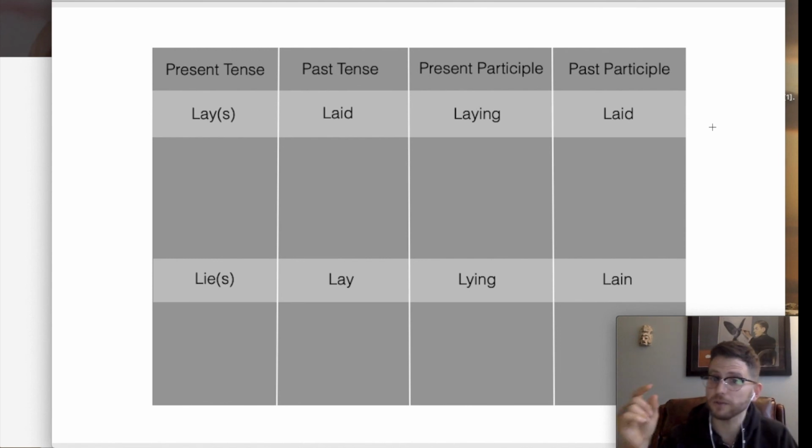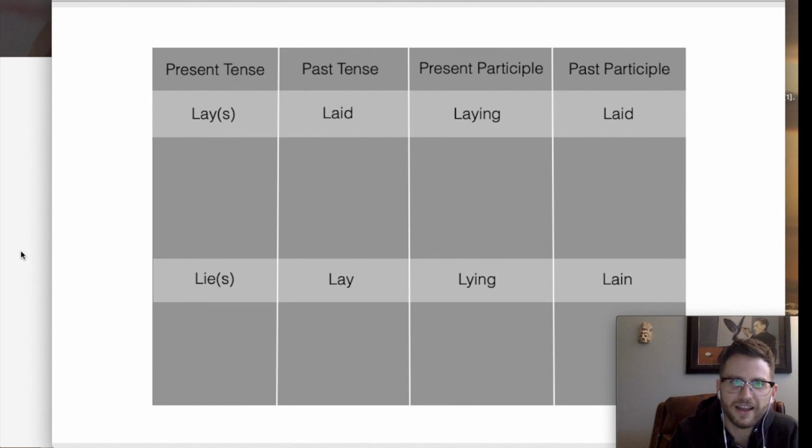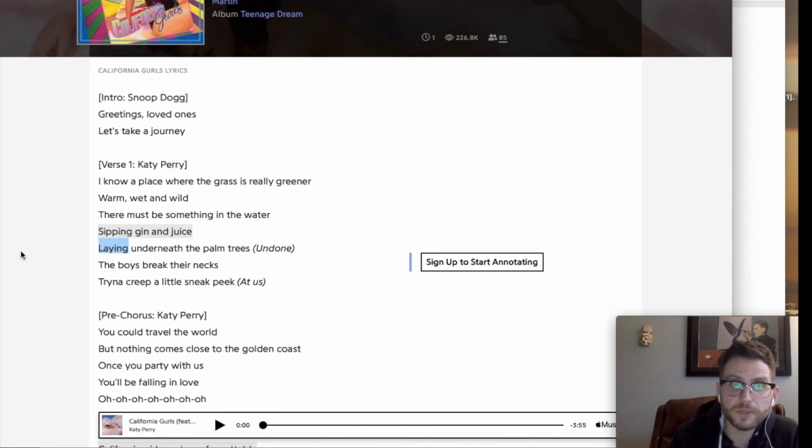Lie is the one that is intransitive because it's the one that has the preposition immediately following it. Okay, so if we find out who wrote this song and we contact him or her and say, it should be, there must be something in the water, sipping gin and juice, lying underneath the palm trees, not laying underneath the palm trees.